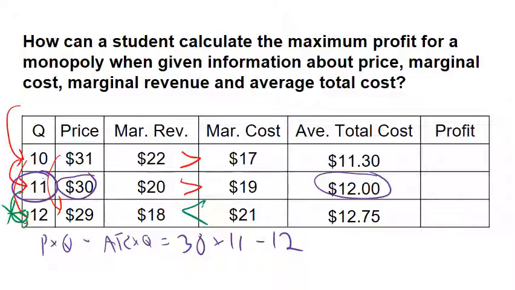My average total cost is 12, and my quantity is 11. So total revenue is going to equal 330 bucks, and my total cost is going to equal $132. When I subtract those two, I get a profit of $198. $198 is my maximum profit.